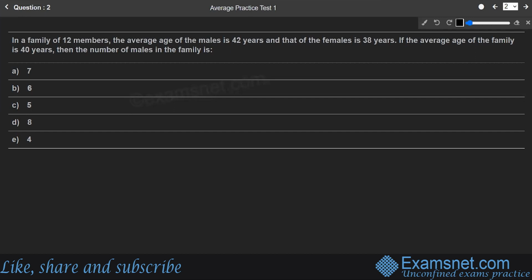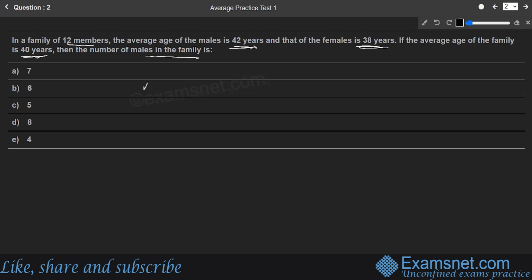Okay, so the question says in a family of 12 members, the average age of males is 42 years and that of the females is 38 years. If the average age of the family is 40 years, then the number of males in the family is. So in this, the grand average of the whole family is given.